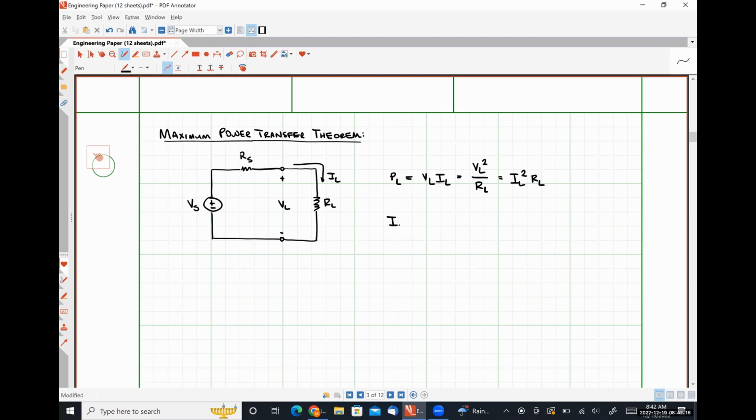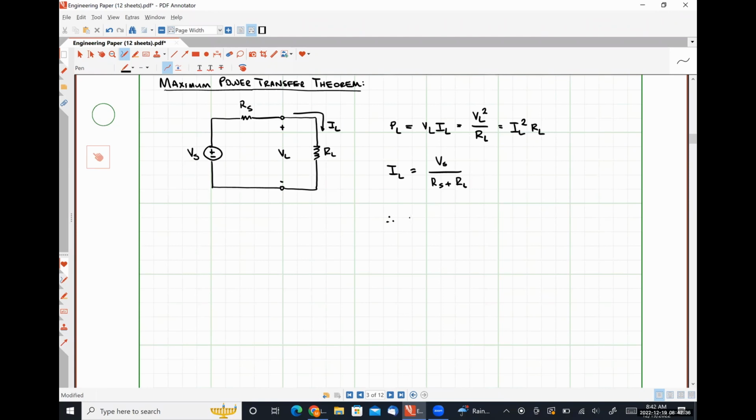IL in this case is going to be exactly what I believe Hannah McPherson told us it was a couple of minutes ago, simply VS divided by RS plus RL.